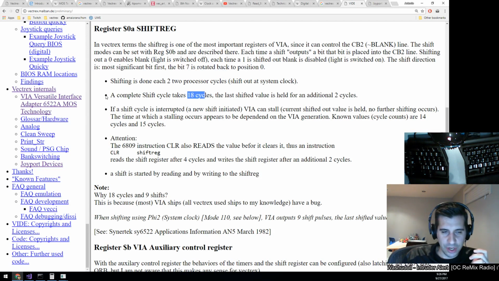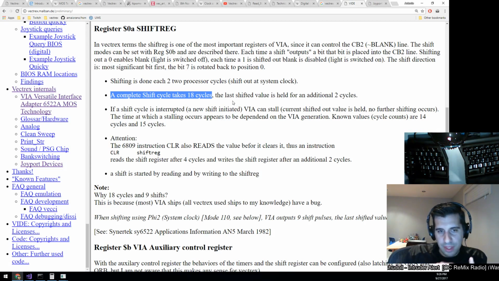That's what he calls here. A complete shift cycle takes 18. And then when it's done, the original value you wrote in there is still in the shift register because it's cycled back through, but then the shift register is no longer being updated at that point. You know, like it's as if it's turned off. That's probably what it is.